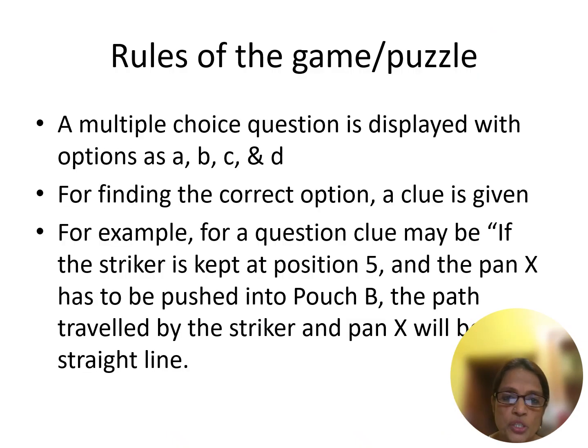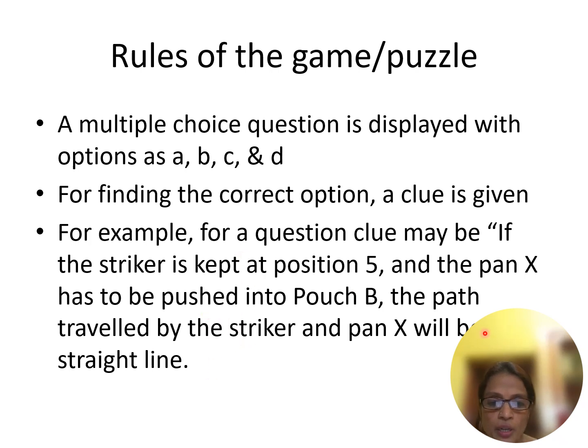Now in this situation, a multiple choice question is displayed with options as A, B, C and D. For finding the correct option, a clue is given. For example, for a question, the clue may be: if the striker is kept at position 5 and pawn X may be A, B, C or D, and if pawn X has to be pushed into pouch B, the path travelled by the striker and pawn X will be a straight line.